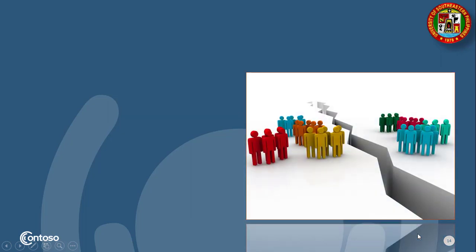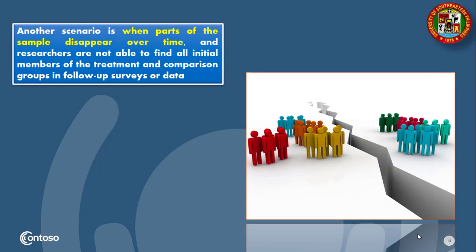The fifth scenario occurs when parts of the sample disappear over time and researchers are not able to find all initial members of the treatment and comparison groups in follow-up surveys or data. This is what we call attrition bias.